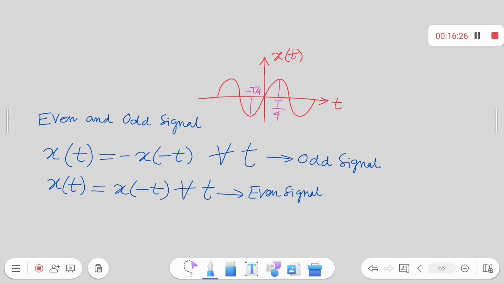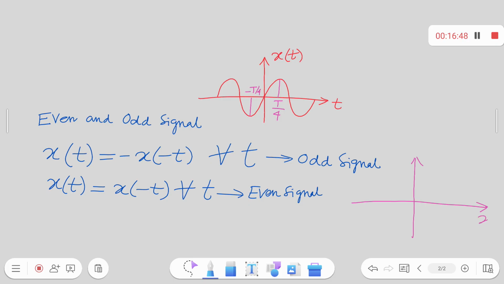What about the even function, even signal? Cos function. Apart from sine and cos, I expect you to explore it more. Yeah, mod function. Mod function is an even function. Say let it be x versus f(x), or you can also consider t versus x. Doesn't matter.